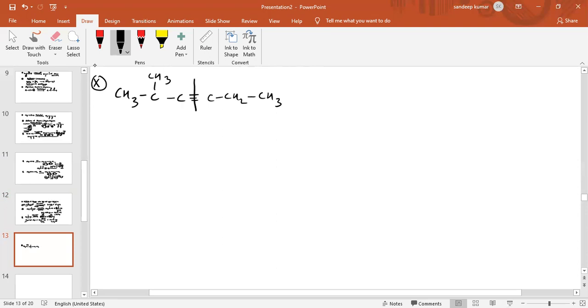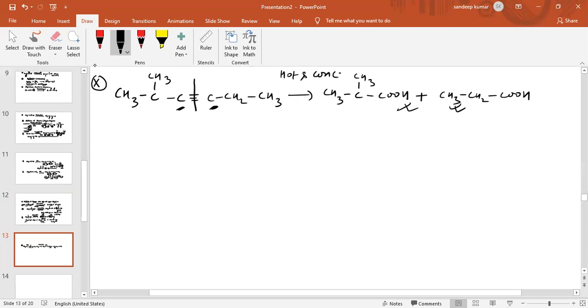So one of the products obtained is CH3, C, CH3 and COOH. This carbon will convert into carboxylic acid, and this carbon will also convert into carboxylic acid. So the other product obtained is CH3, CH2, and COOH. These are the two products obtained in the reaction with hot and concentrated KMnO4.